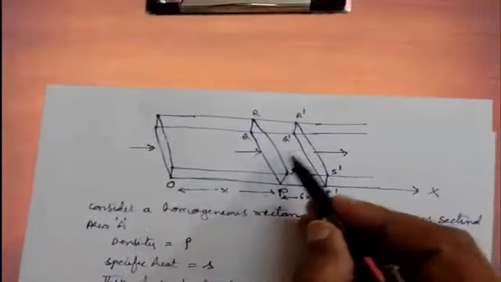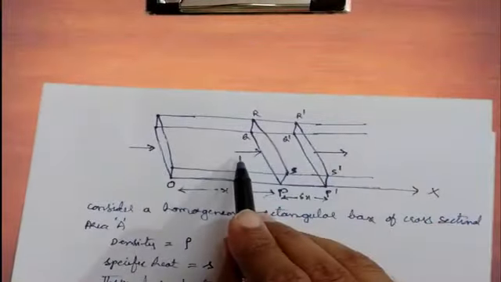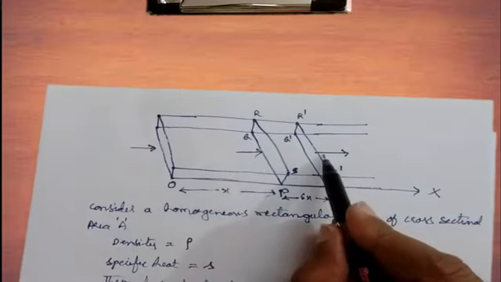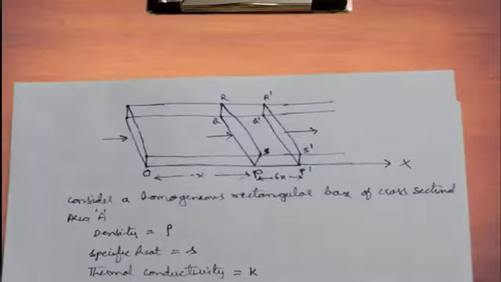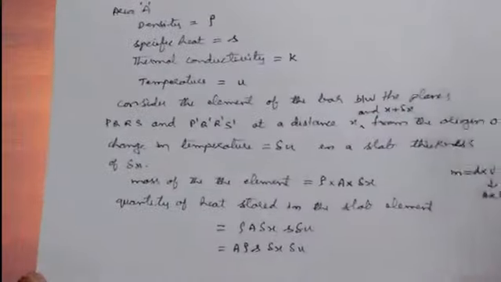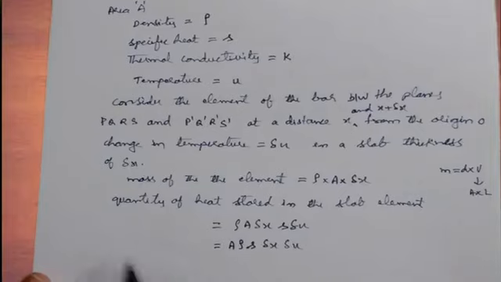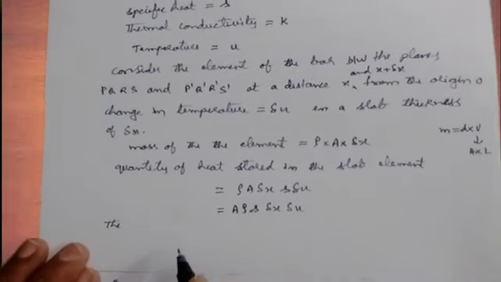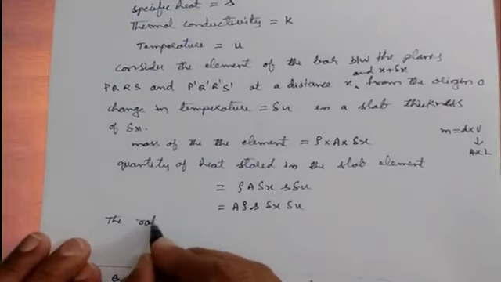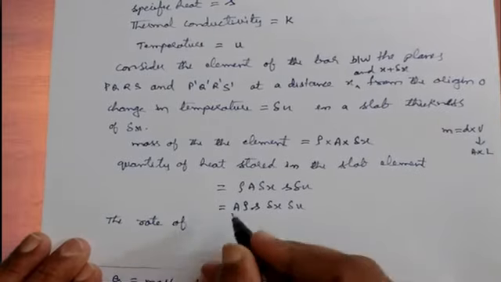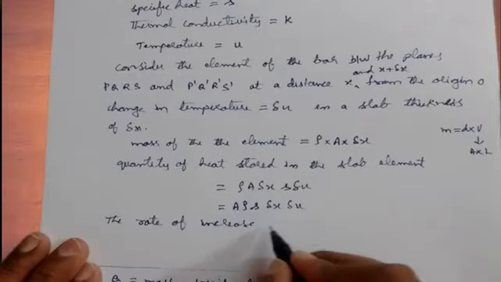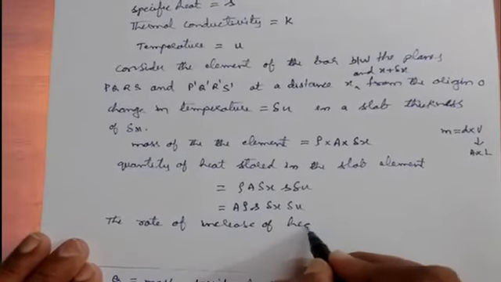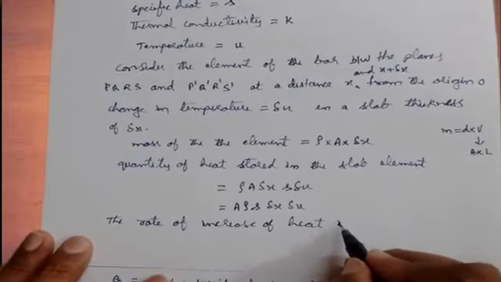As you know, as the heat flows, there will always be a change. The heat flowing inside will be different from the heat flowing outside this region. So what will be the rate of increase of heat in the slab element?